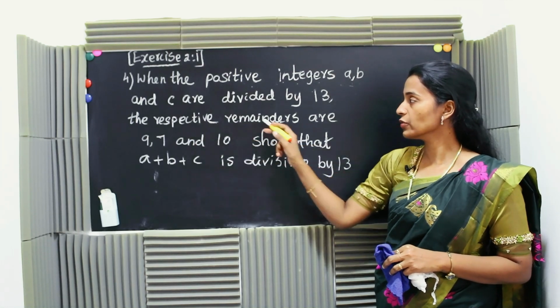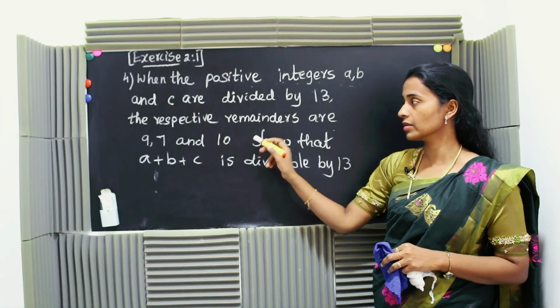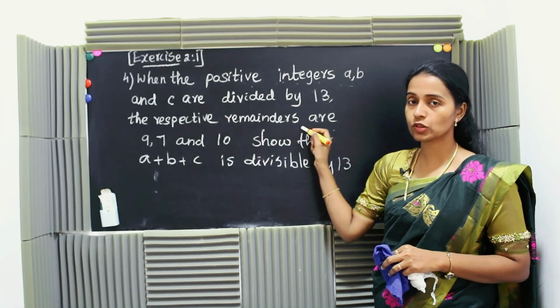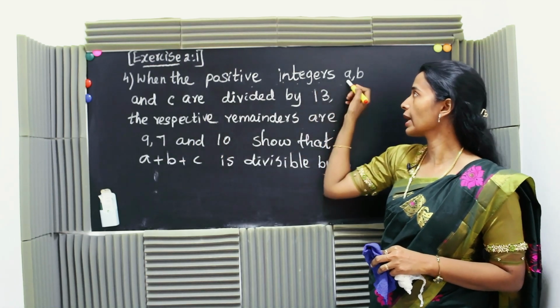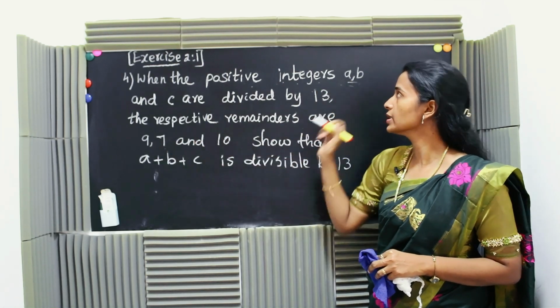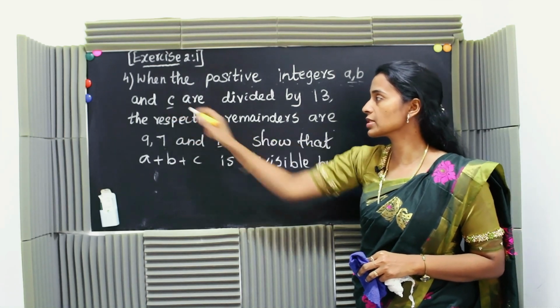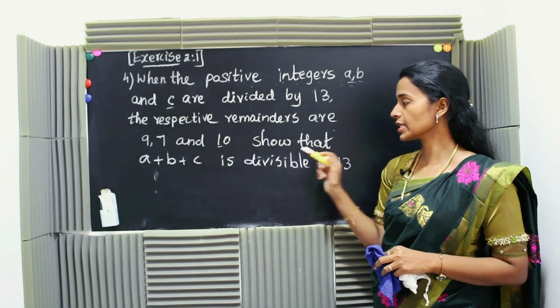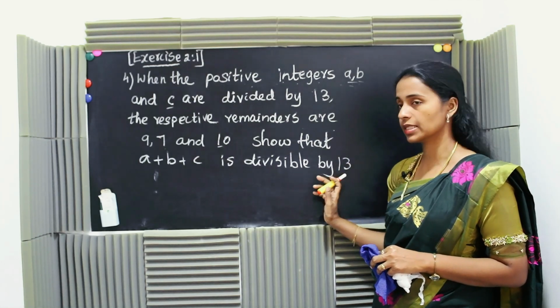The respective remainders are 9, 7 and 10. Respective remainders means 9 would be the remainder for A, 7 would be the remainder for B, 10 would be the remainder for C. Show that A plus B plus C is divisible by 13.